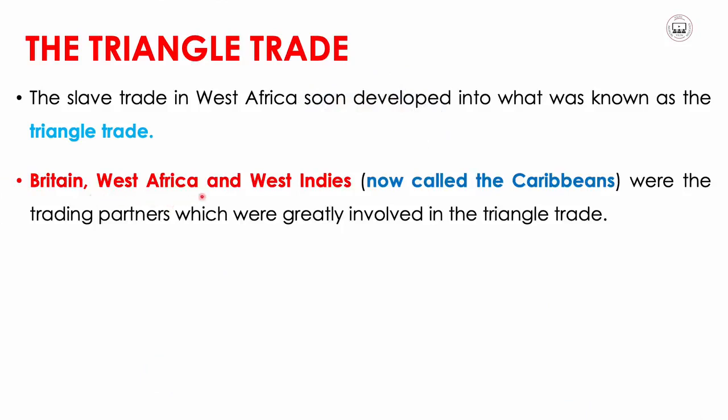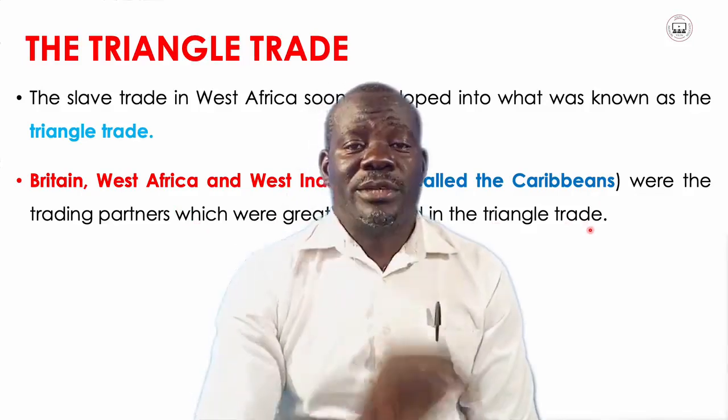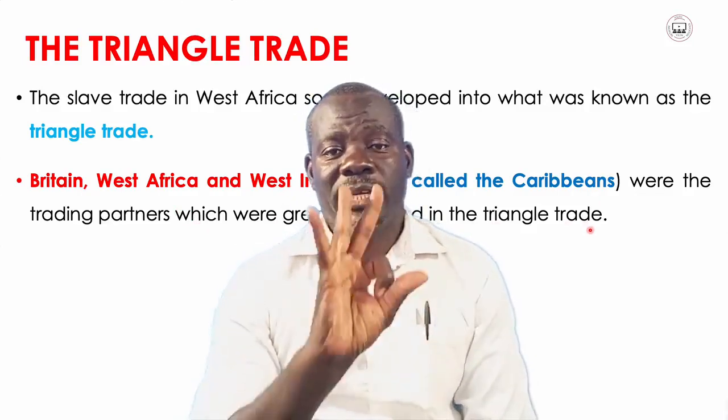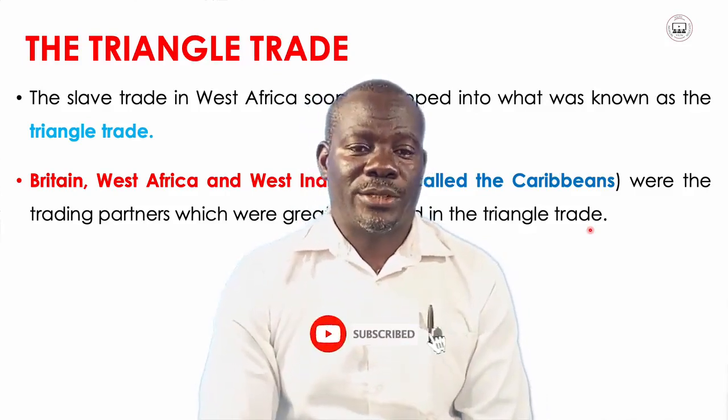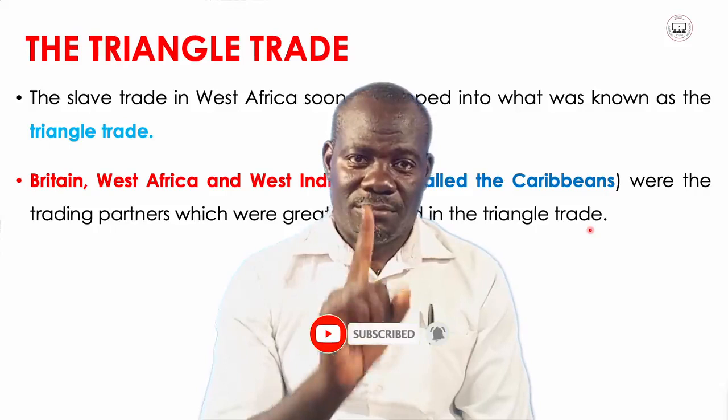Britain, West Africa, and the West Indies, which is now called the Caribbean, were the trading partners which were greatly involved in the Triangle Trade. So there were three points, three countries or areas that were involved in the Great Triangle Trade. The first one, Britain.